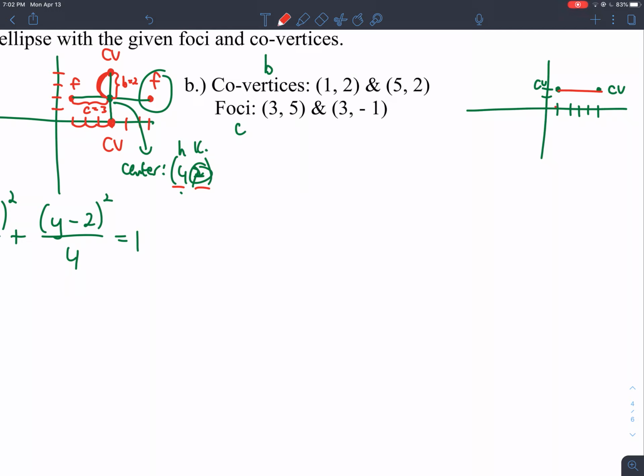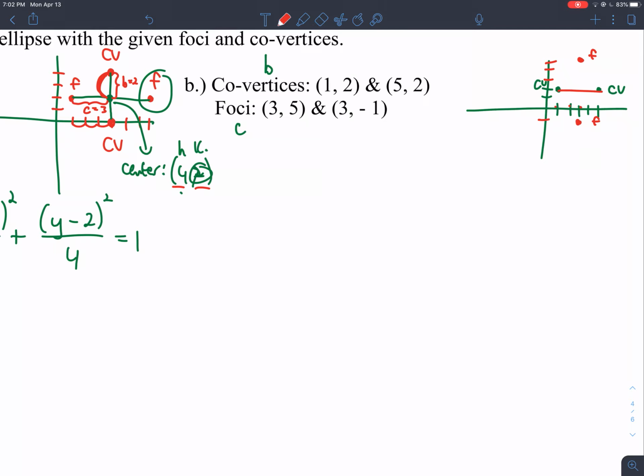Foci are at 3, 5. So 3, 5 here. And then at 3, negative 1. 3, negative 1 would be over here. Okay, so focus there, focus there. Just like we said, the major axis goes somewhere here, and the vertices are somewhere out here. I don't know where they are, but they're somewhere out there. And we're going to find them in a few minutes.